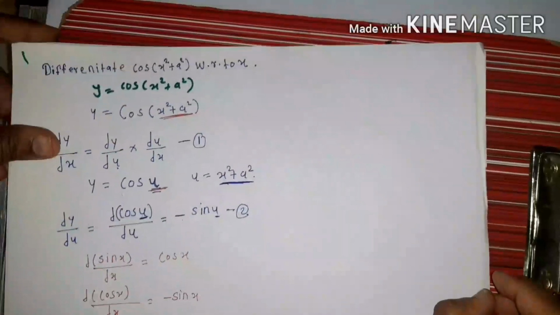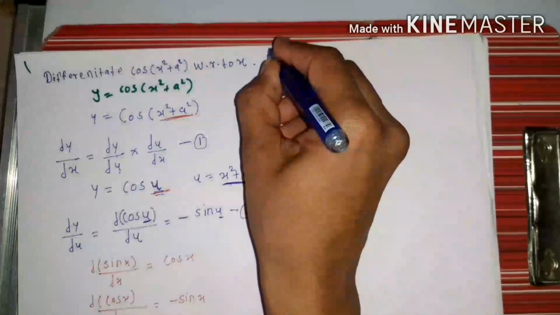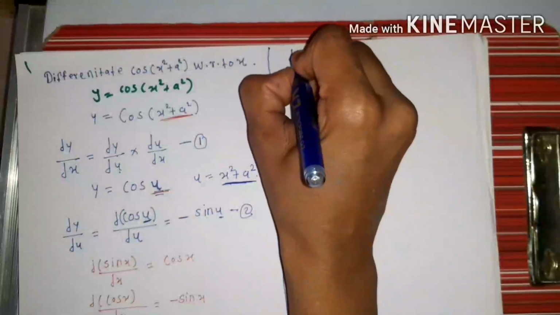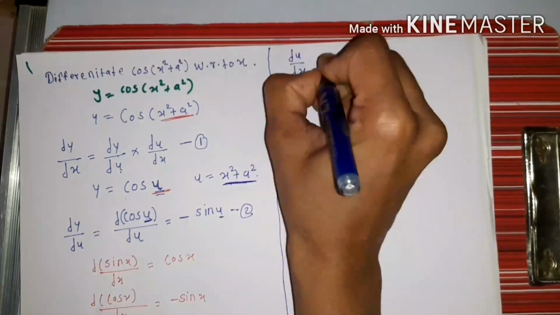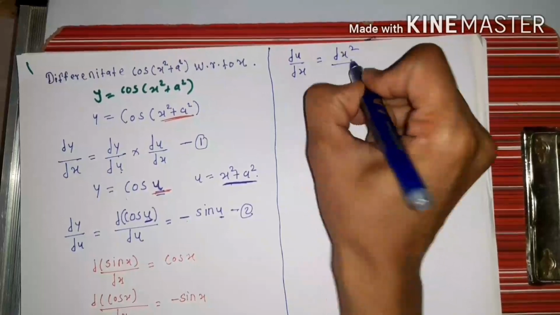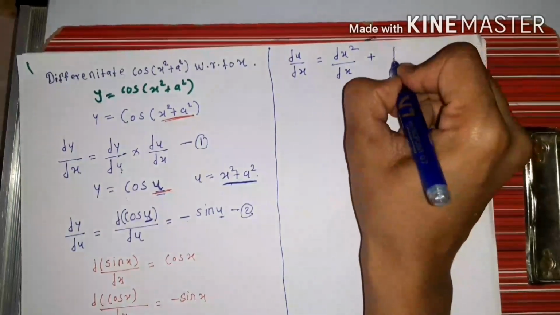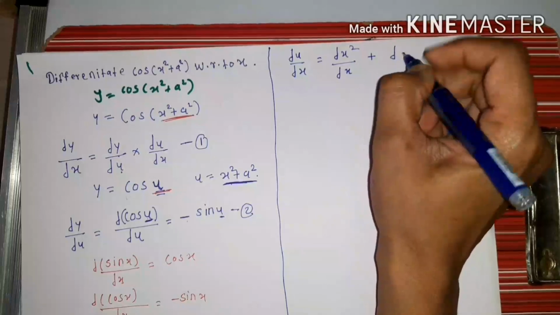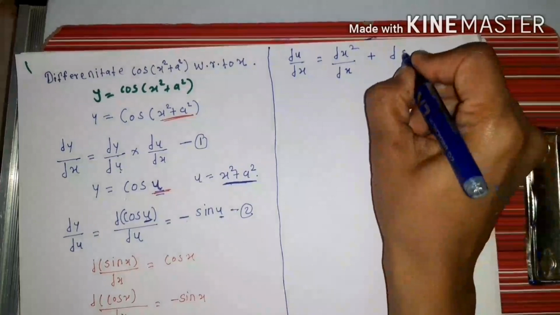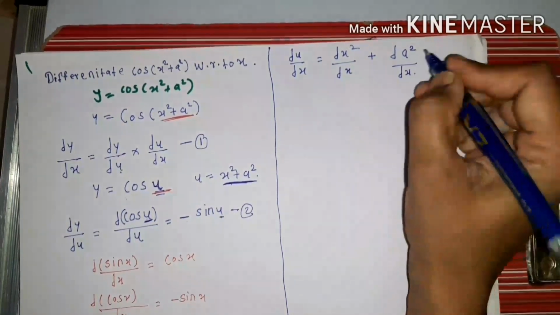By using the addition rule, differentiation of u with respect to x is equal to differentiation of x square with respect to x plus differentiation of a square with respect to x.